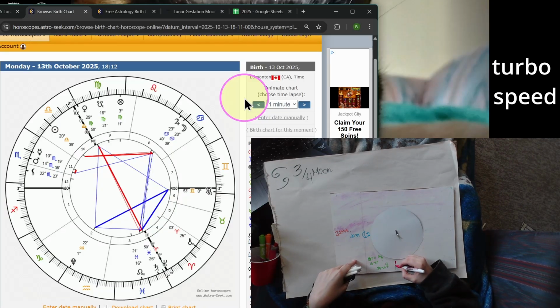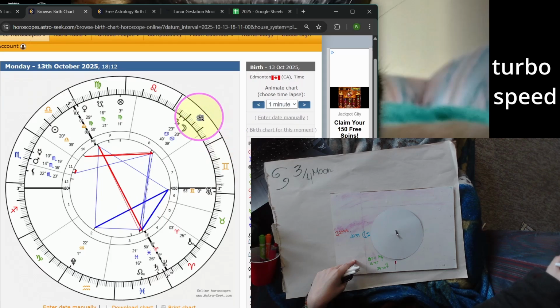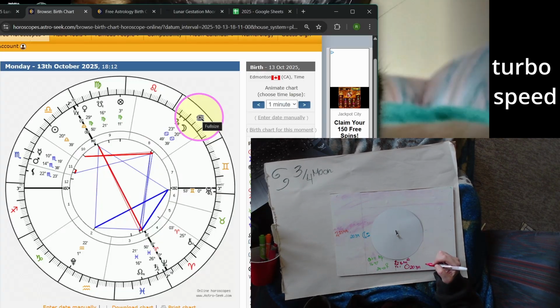Libra has a 216. I don't really know what Vertex is or does. It's like the point where fate comes in, I've heard it described, but I don't know what that means. I write it down every time though.